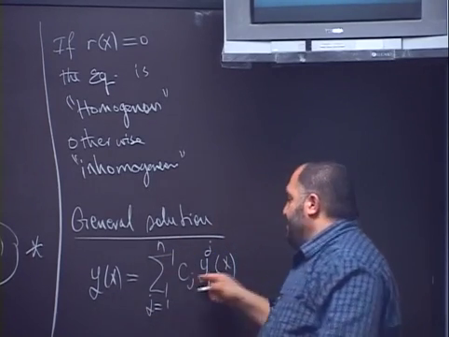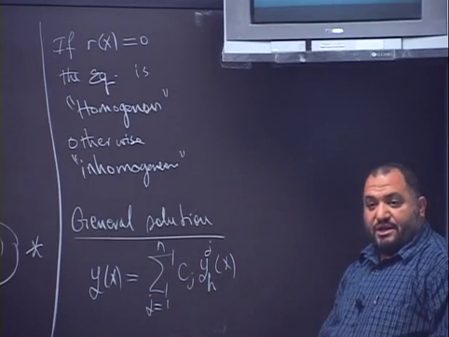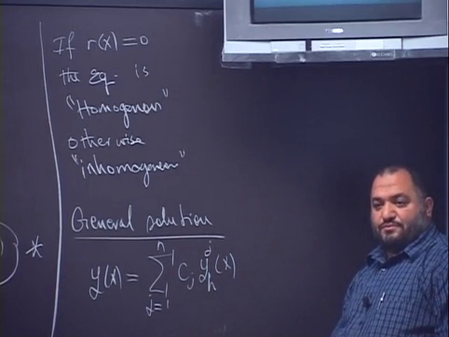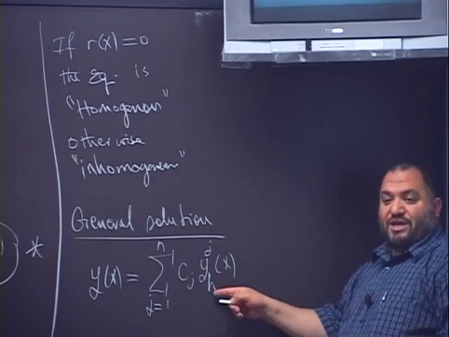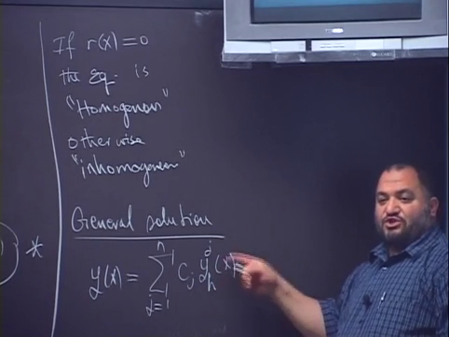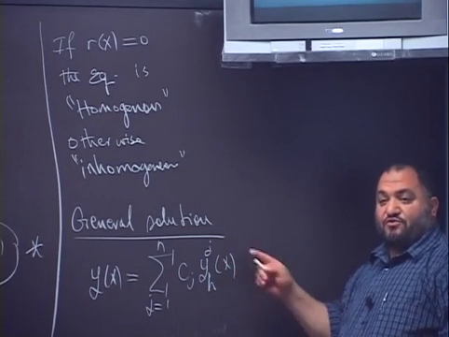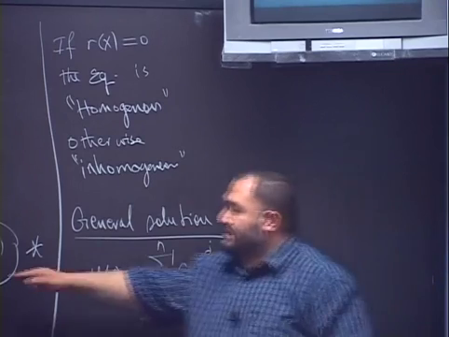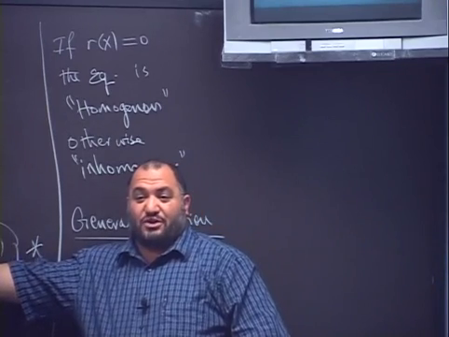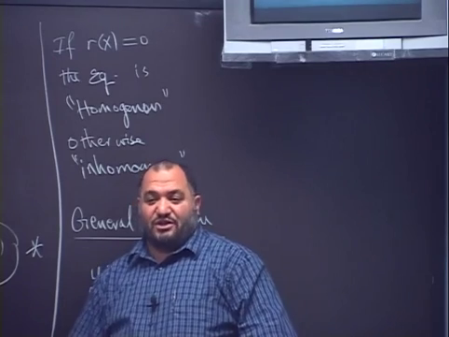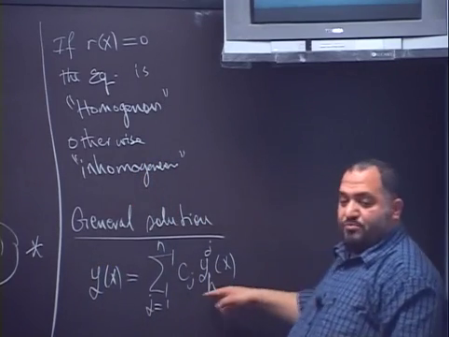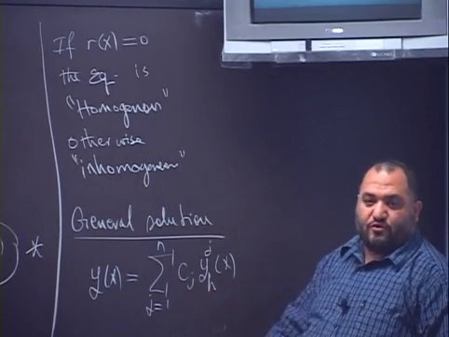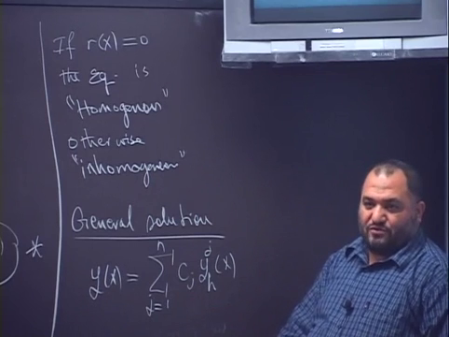You will have n linearly independent solutions. Each one of those, let's say y_h1, y_h2, y_h3, y_h4, is a solution. If you substitute it here, it will satisfy the differential equation, and the linear combination of those solutions will also form a solution for the differential equation.